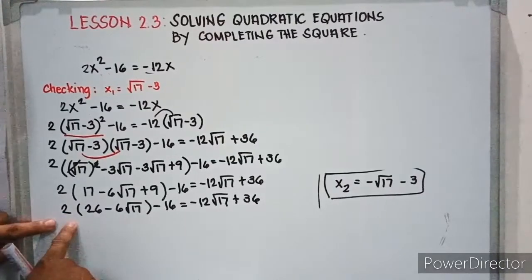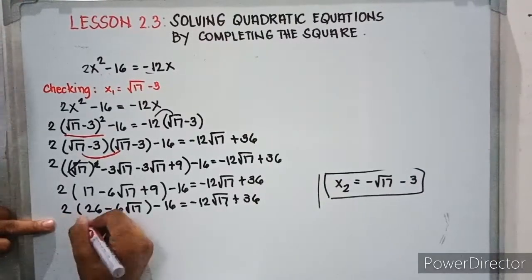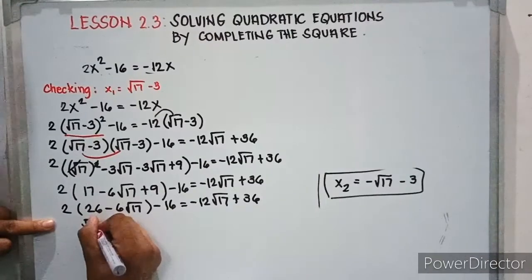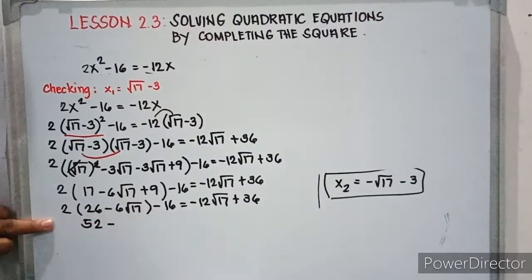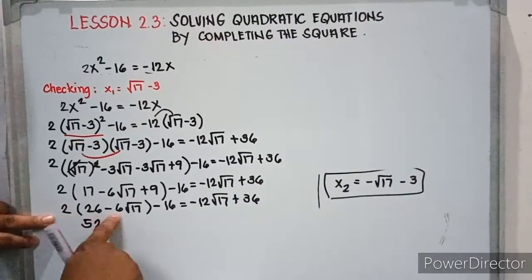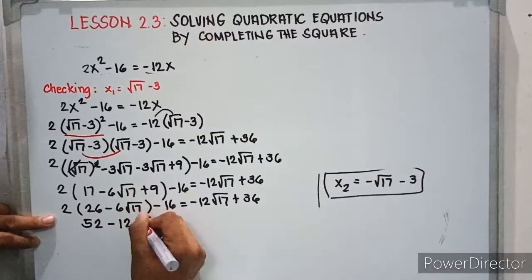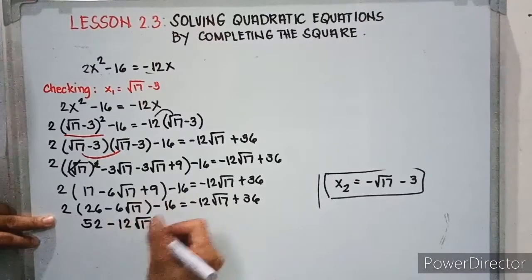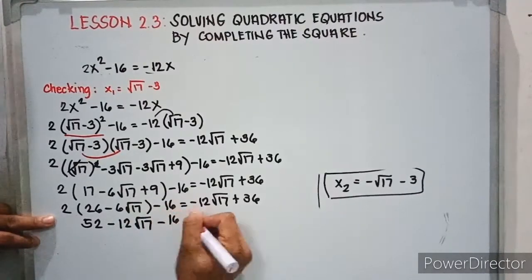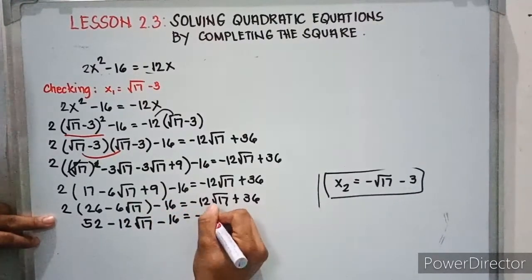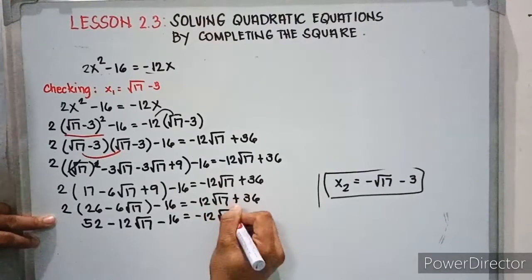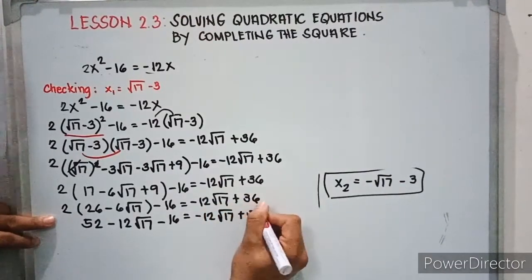Then, distributive property. So, 2 times 26, that is 52. Minus. Then, 2 times negative 6, negative 12 square root of 17. Then, minus 16 equals negative 12 square root of 17 plus 36.